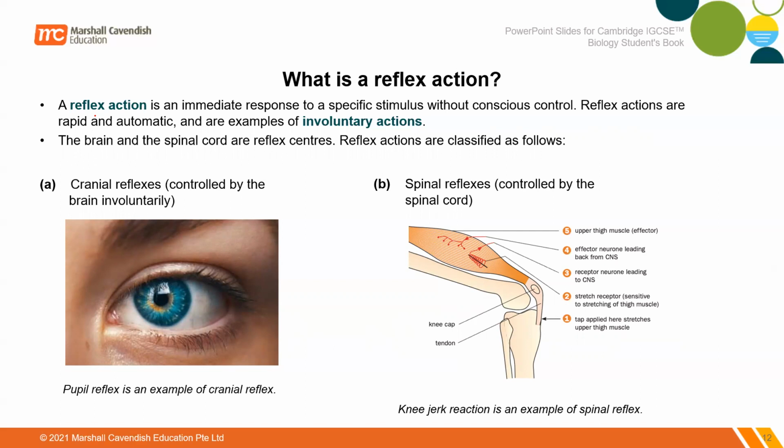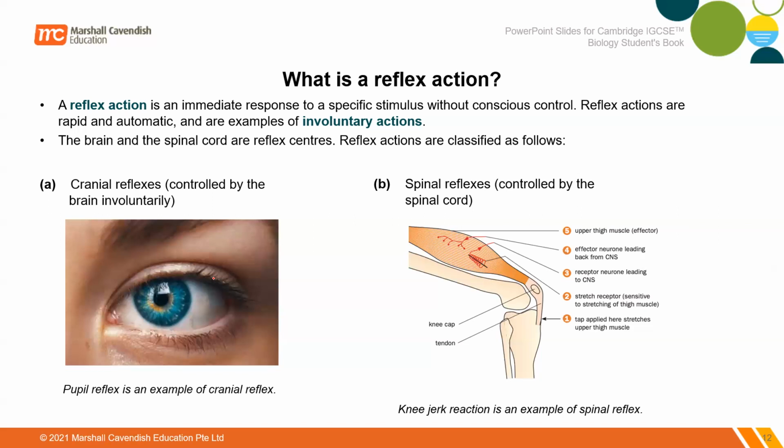The main characteristics of a reflex action: it is a rapid action, it is automatic, and it is specific to take its function or its job, like cranial reflexes or pupil reflexes. When I have light or a bright area, we will use this kind of reflex action as an example.